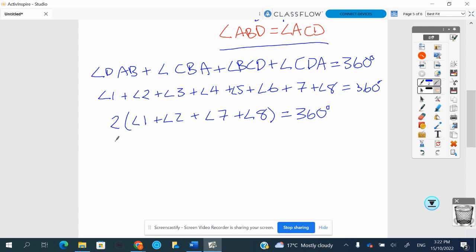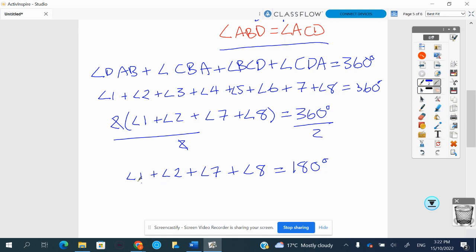Now, some simple algebra here. I'm going to divide by 2, so this will cancel out. So I have angle 1 plus angle 2 plus angle 7 plus angle 8 is equal to 180 degrees.